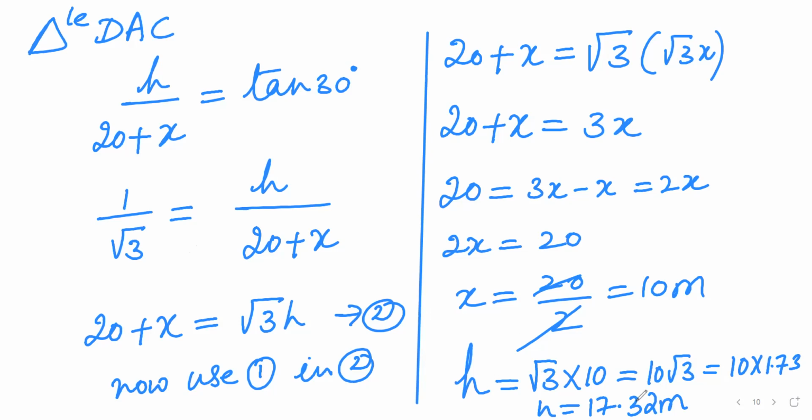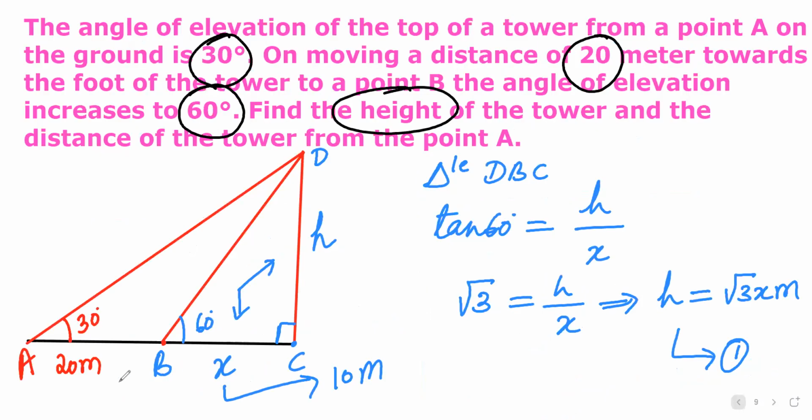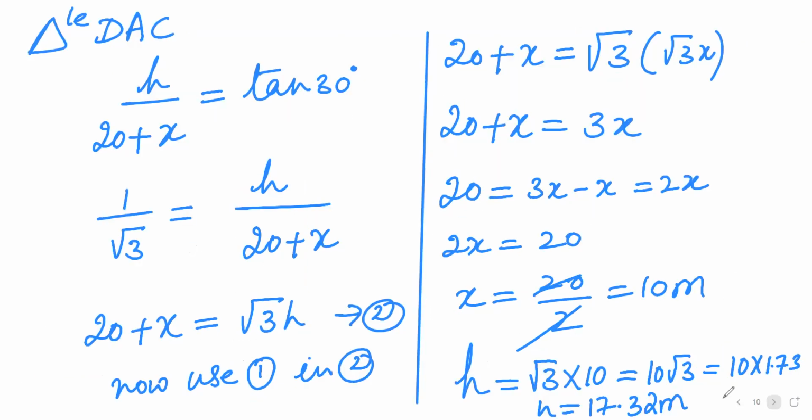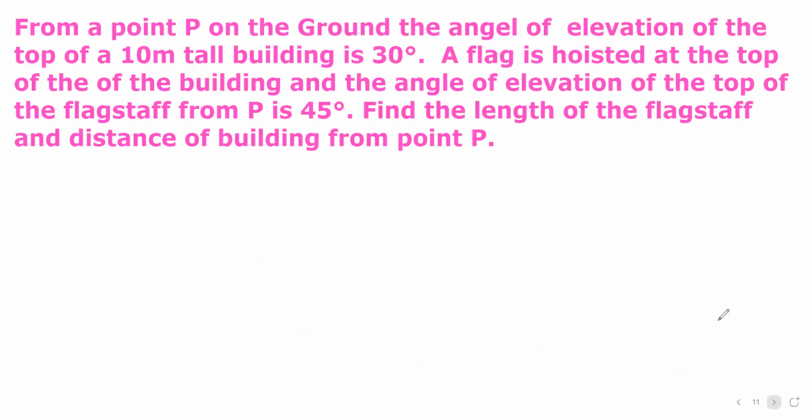So the height of the tower is 17.32 meters, and the distance from here to here is 20 plus 10, that is 30 meters. That is the answer. So the distance is 10 plus 20, that is 30 meters. Hope this is clear. These are the final answers for this question. So we'll see the next question.